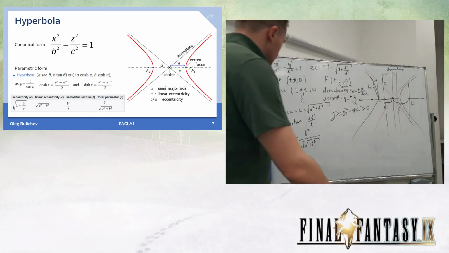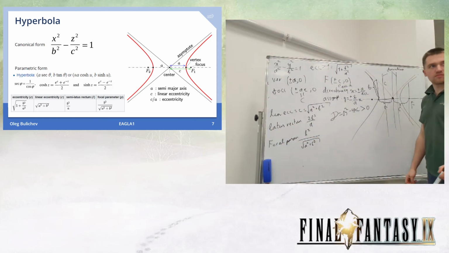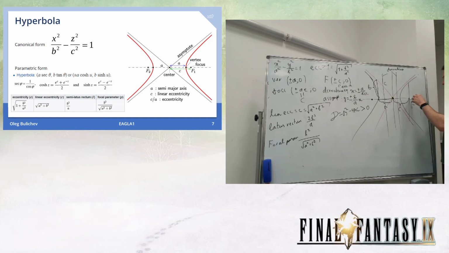Can you also add the distance between the focus and the point on the graph? The distance between the focus and the point on the graph. Now this distance is the absolute value of x epsilon minus h. So we need to take some point there, yes?